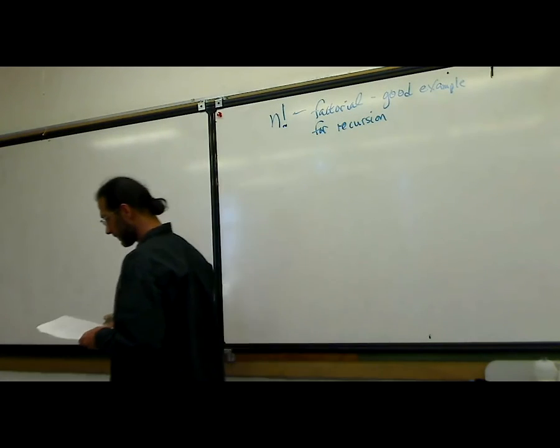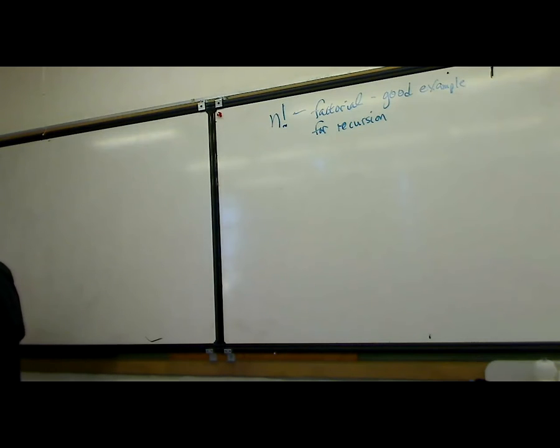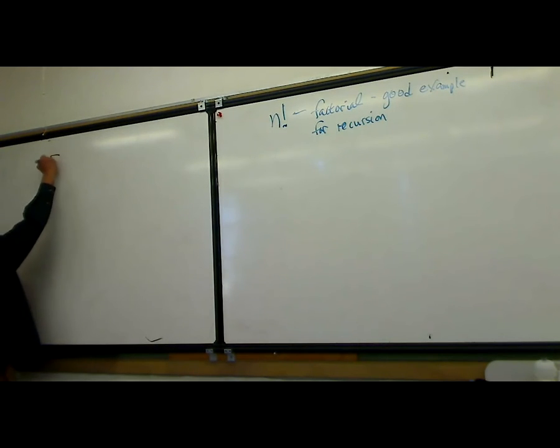Great example for recursion. So what does factorial look like? What's the math for factorial look like? Let's do 5 factorial, just to refresh our memory. 5 times 4 times 3 times 2 times 1.